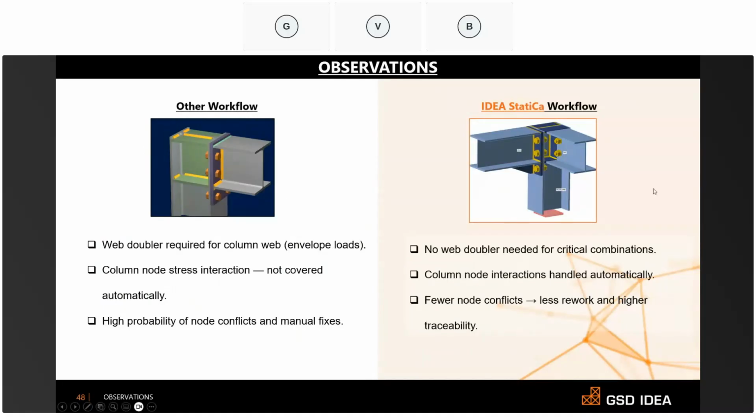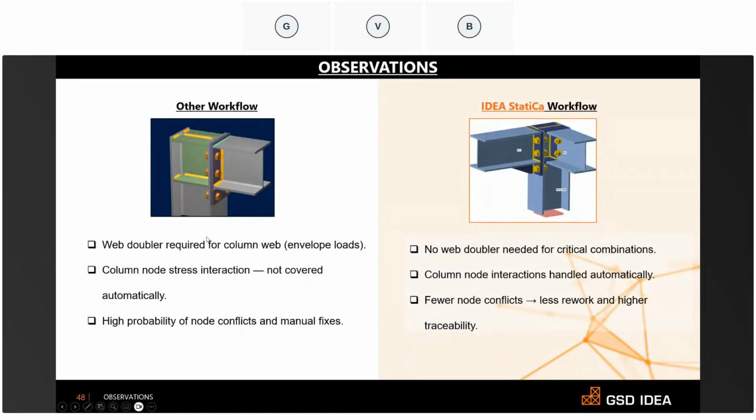However, in IdeaStatica, there is no requirement for a web doubler, because here we are not using the envelope case. Here we are using the critical load combinations, which are automatically calculated by CheckBot. Followed by the next observation, where the interaction of stresses at the node is not considered automatically in other workflows, because we'll be considering isolated connections, like beam to column flange separately and beam to column web separately, and so on.